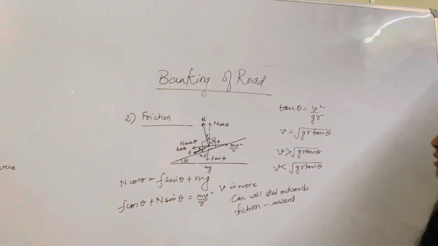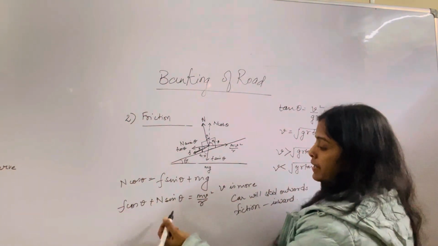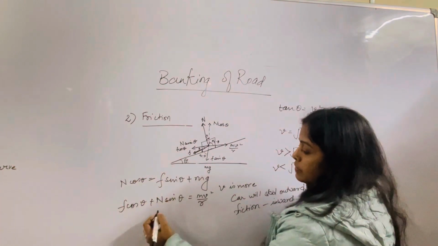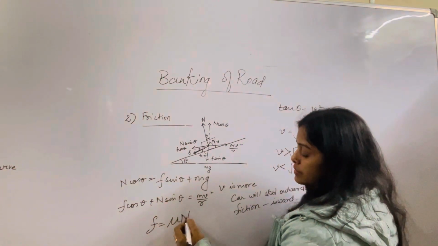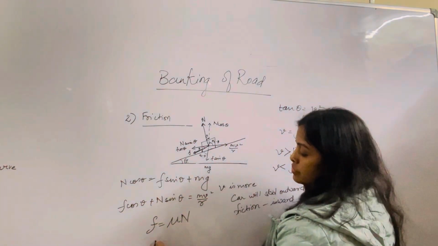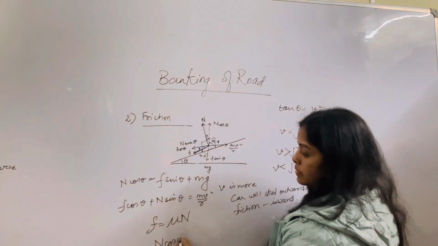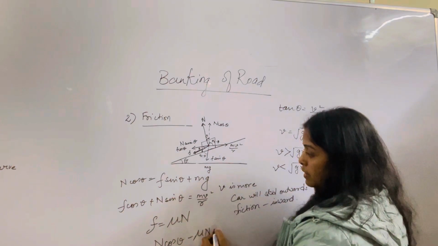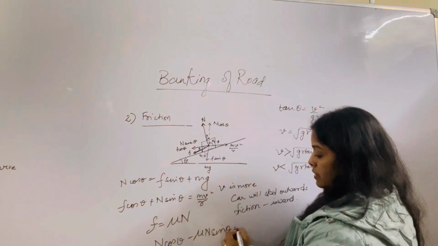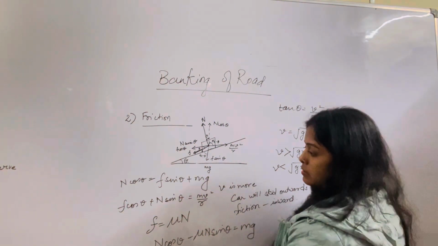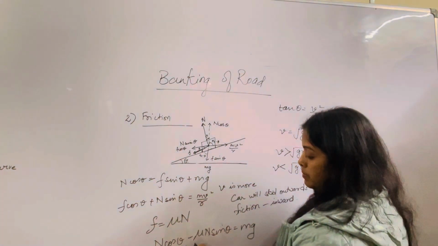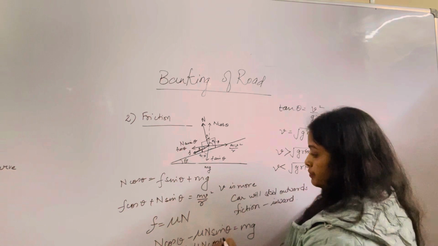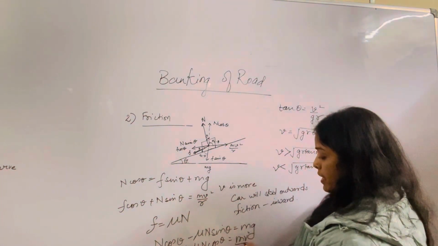In case of friction we put the maximum value f equal to mu N. So N cos theta minus mu N sin theta is equal to mg, and N sin theta plus mu N cos theta is equal to mv square by r.